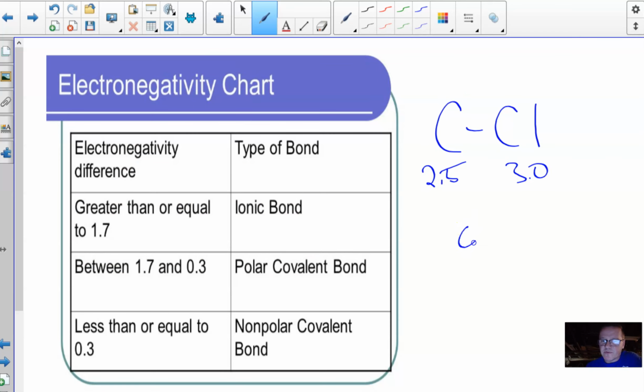The difference is 0.5, which falls between 0.3 and 1.7. So I can classify this carbon chlorine bond as a polar covalent bond.